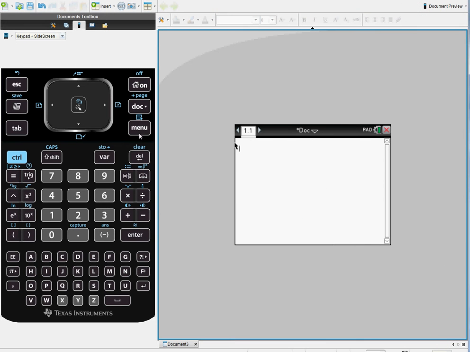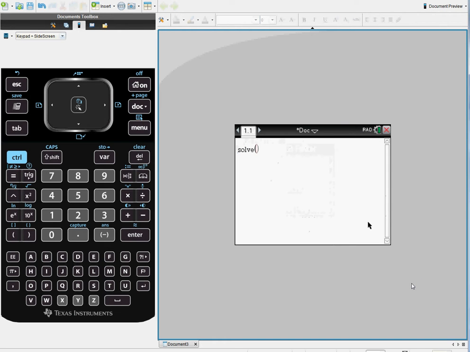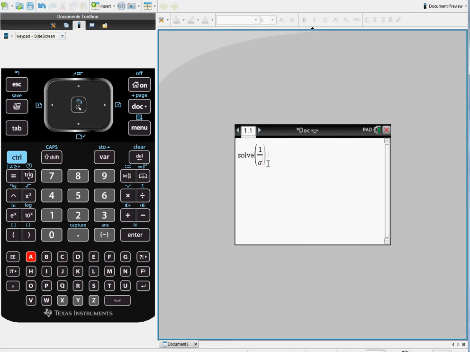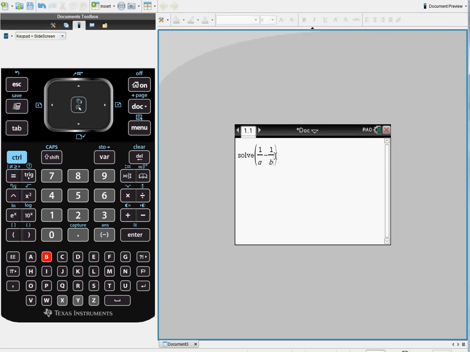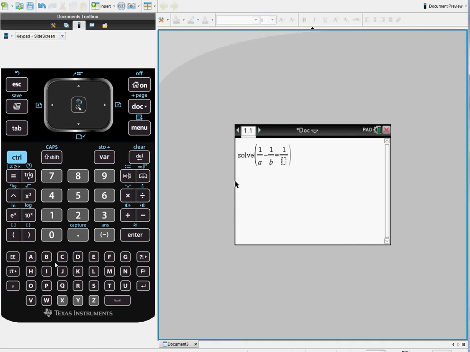Remember, the solve function is found in the menu, algebra, solve. And if, for instance, we're after solving, let's just get something up. Fraction, control divide, 1 divided by A, minus another fraction, 1 divided by B, which is equal to another fraction, 1 divided by C minus 2.